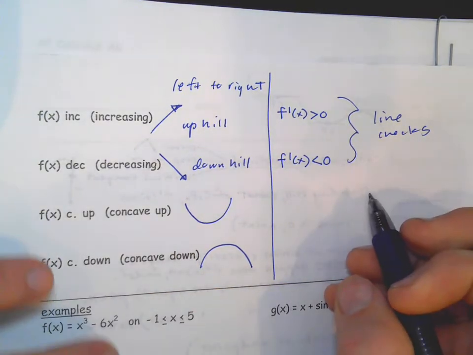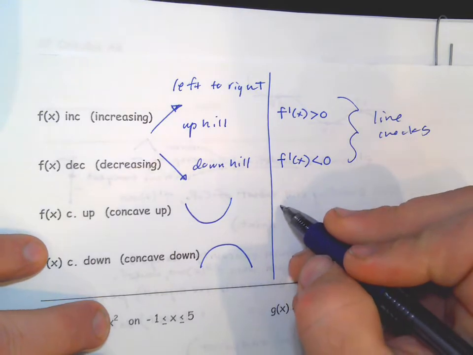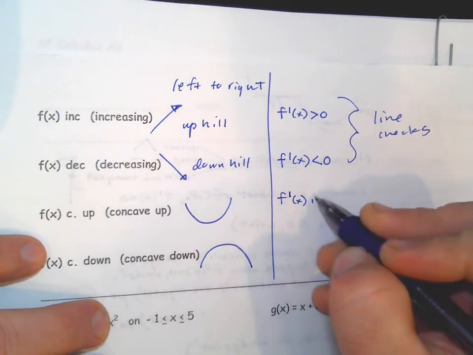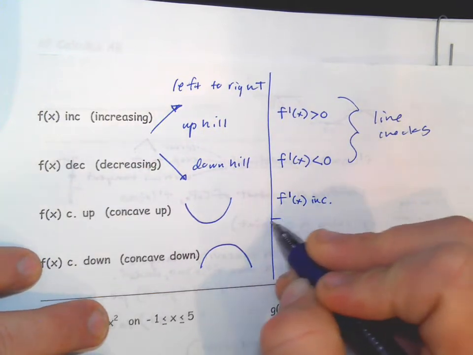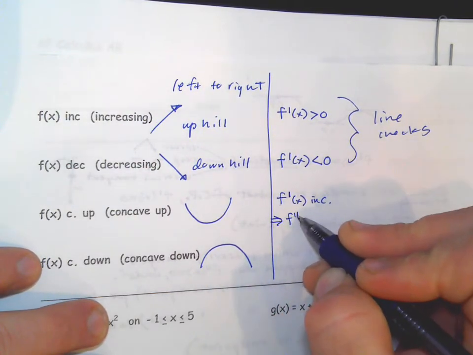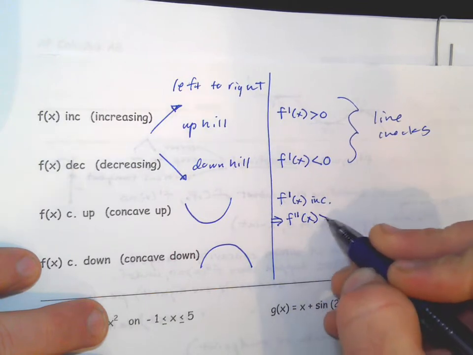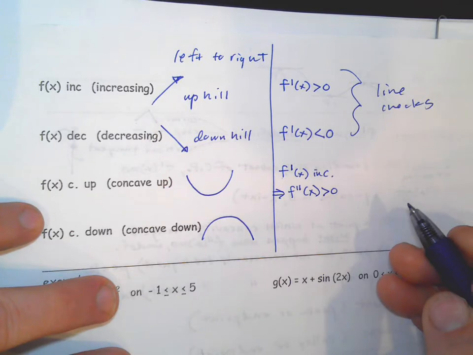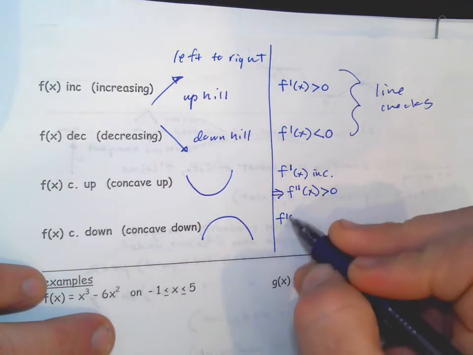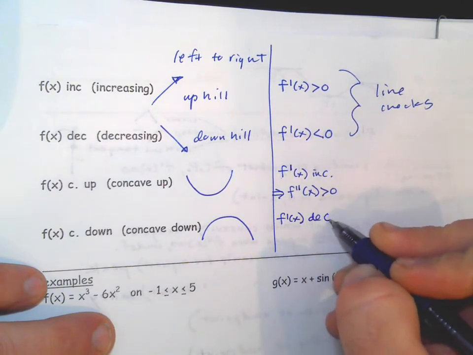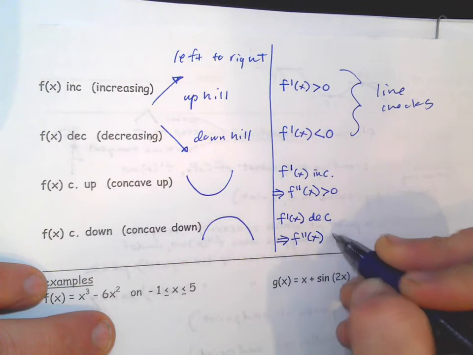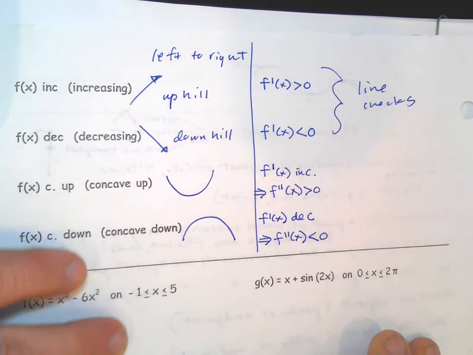And then for concavity, it's specifically where f prime of x is increasing, which translates into f double prime being positive. That's why we use the second derivative to identify concavity, because it's the derivative of the derivative. It's whether the first derivative is increasing or decreasing. And so f prime of x decreasing would be concave down, which is where the second derivative is negative.